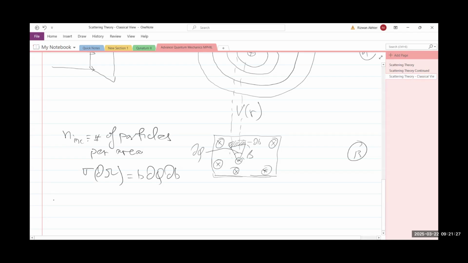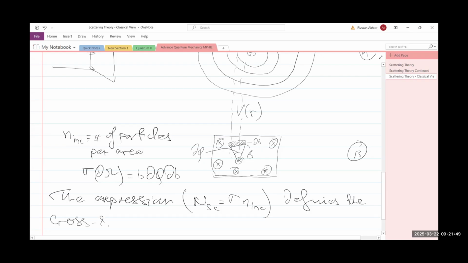So the expression for N scattered, which is in fact sigma times NINC, defines the cross section as a constant of proportionality.